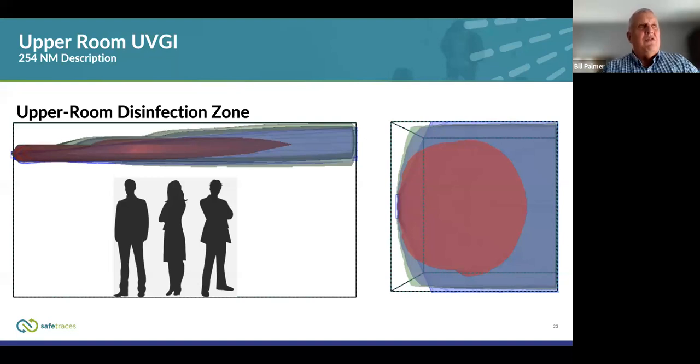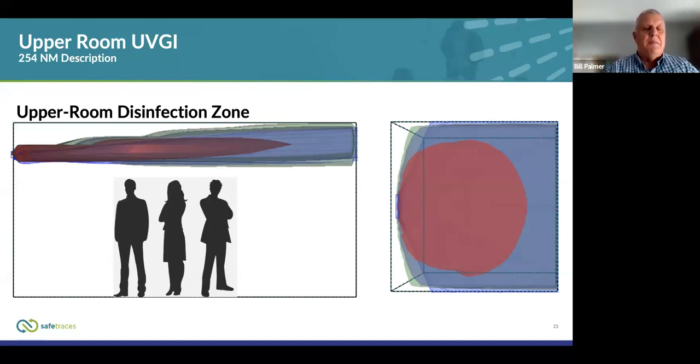So we're actually flooding a very large percentage of the room volume with UV energy, which is what allows this to be so effective. But at the same time, it's through the design of the fixtures that we're able to create this upper zone, high efficiency, high intensity, while maintaining a low amount of UV in the occupied space.